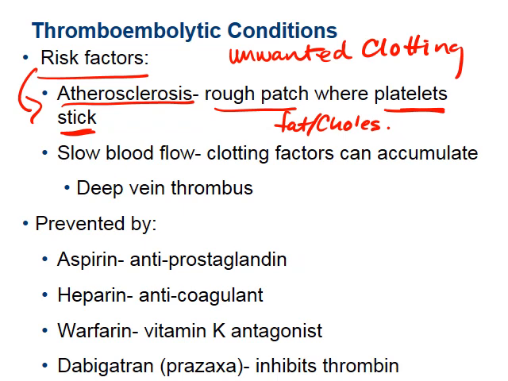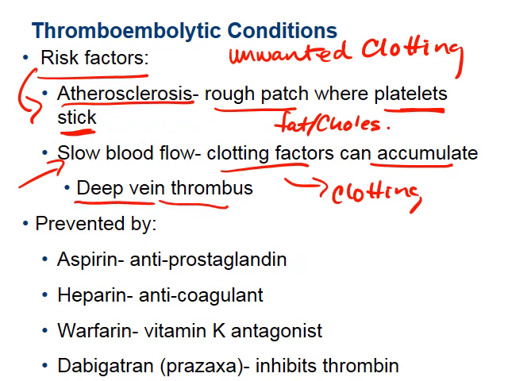So basically you're starting or initiating step 2, the platelet plug formation, even though you do not have any damage to the blood vessel. Also, slow blood flow. So clotting factors can accumulate and they will initiate the clotting process because they're accumulating in a certain area. And sometimes we refer to that as deep vein thrombosis.